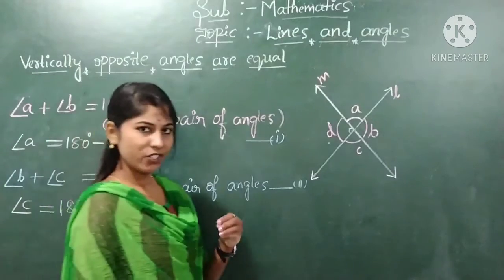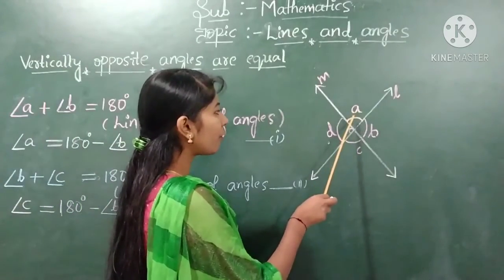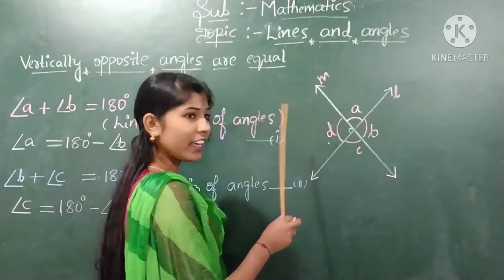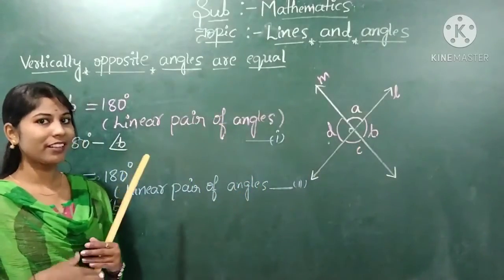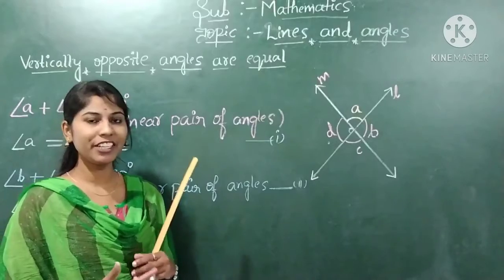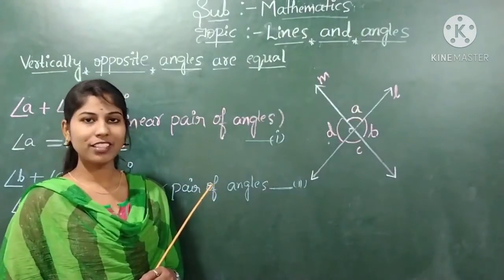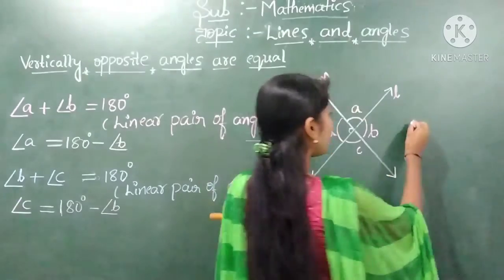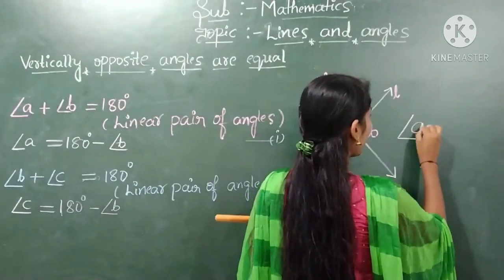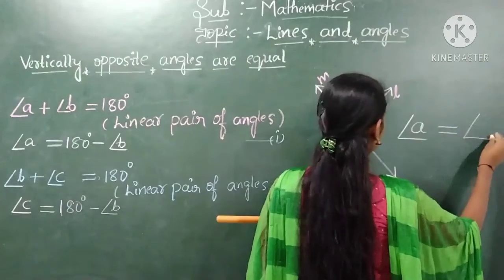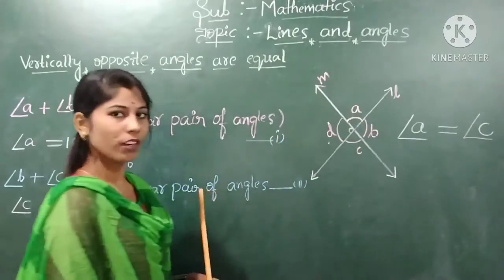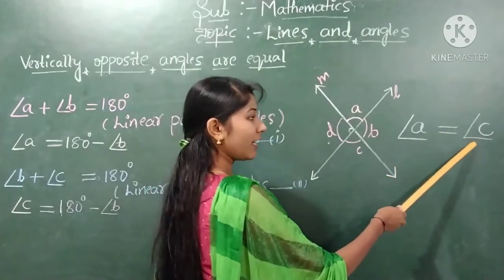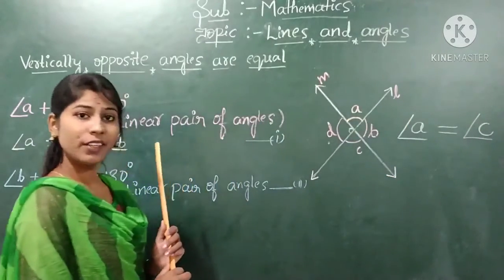If I interchange the value of A in the place of C, or C in the place of A, can you see any difference in the values? There is no difference, because angle A is equal to angle C. So nothing will change.